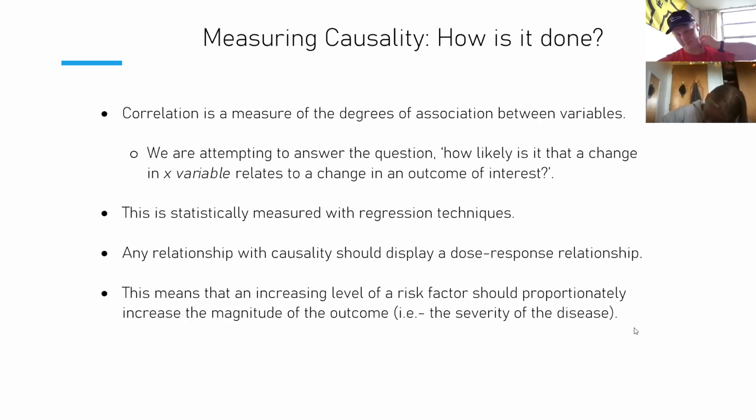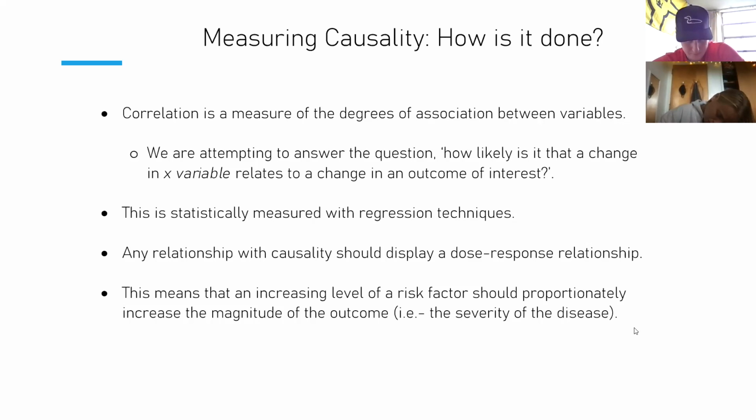And so we typically measure these types of things with regression techniques. Now, here's the thing. When I say that these things also have to have a dose response relationship, what that means is that for an increase in the independent variable and/or the risk factor, the more of the risk factor that is present, it should be more likely that the outcome occurs.